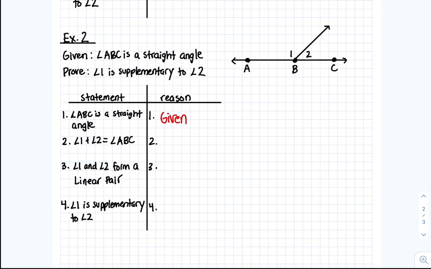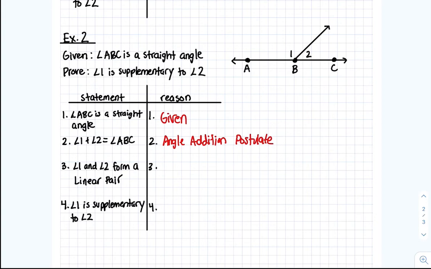That is the angle addition postulate. You can shorthand the angle addition postulate if you want, but I'm just writing it out so that not all of you are uncomfortable with the shorthand yet. That makes sense, right? The angle 1 plus the angle 2, those angles combined, is equal to the straight angle. So that's where we get the angle addition postulate.